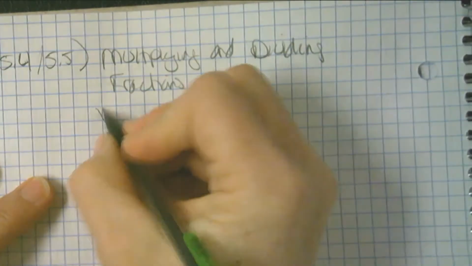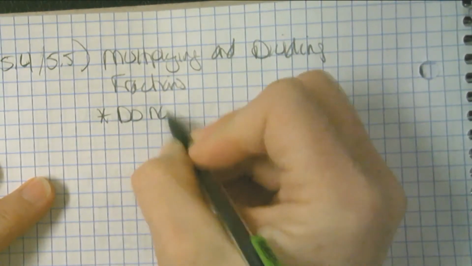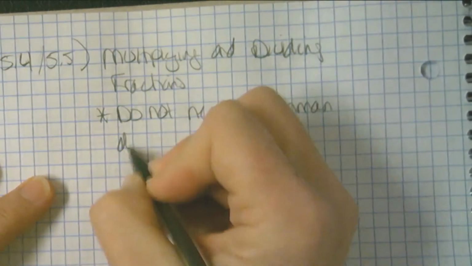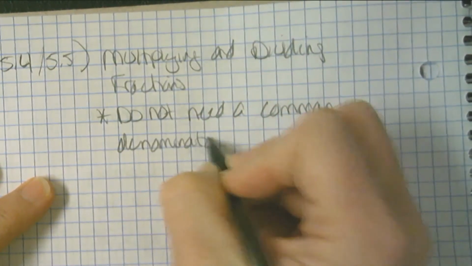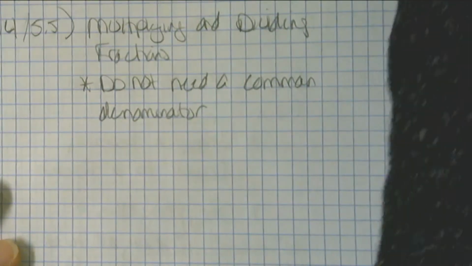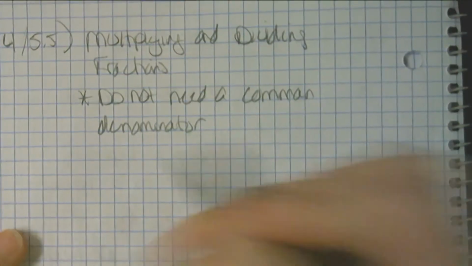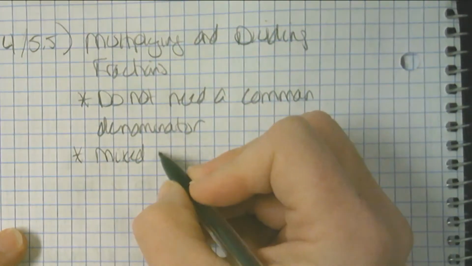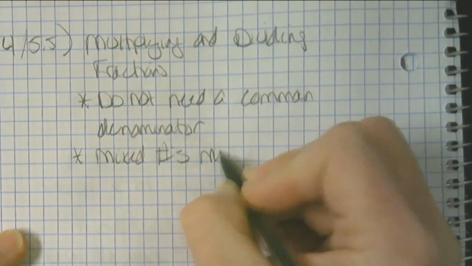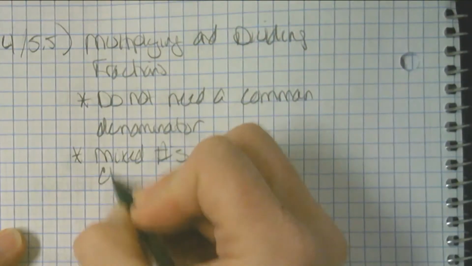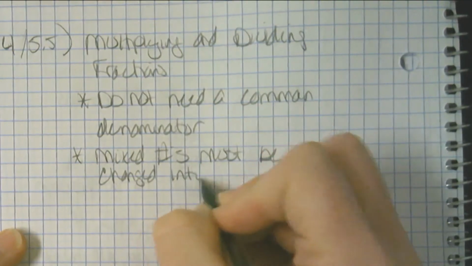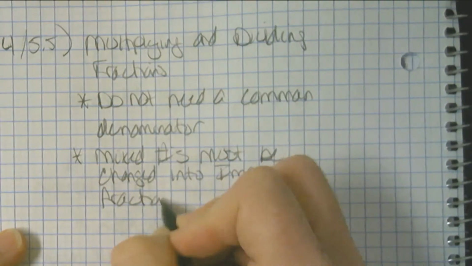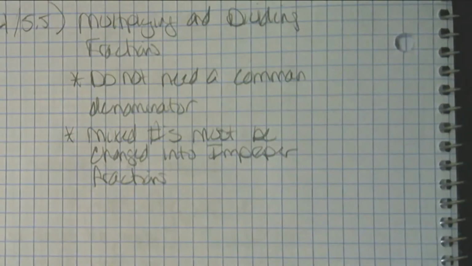Remember, you don't need a common denominator. I'm hoping you're like, duh, but I want to say it because that's extra work you don't need to do. Mixed numbers must be changed into improper fractions.